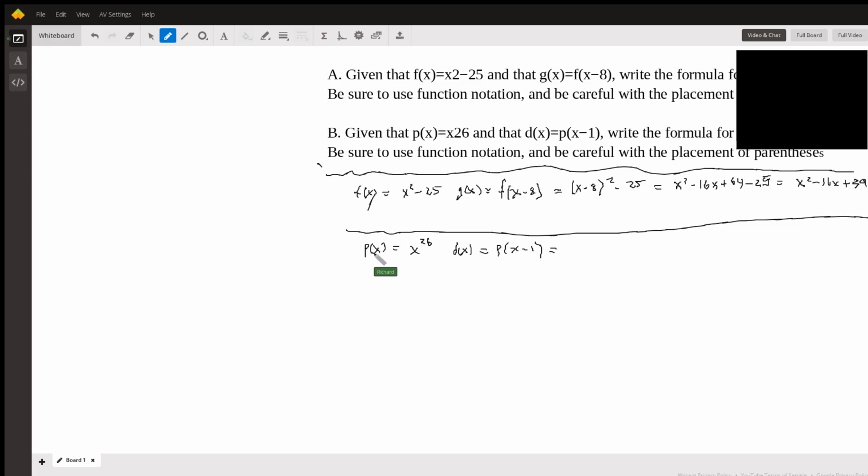Okay, so what does the p rule say? The p rule says whatever you give me, which is the argument x, I'm going to raise you to the 26th power. And if you give me x, it's just x to the 26. If you give me x minus 1, it's x minus 1 to the 26.